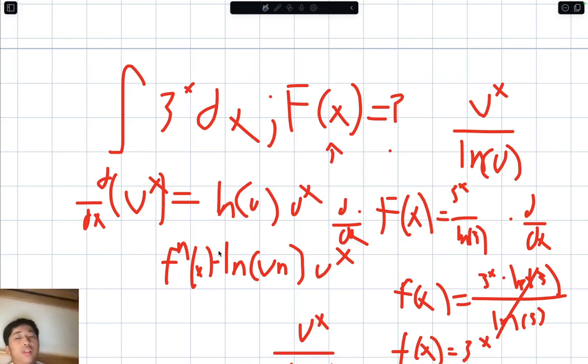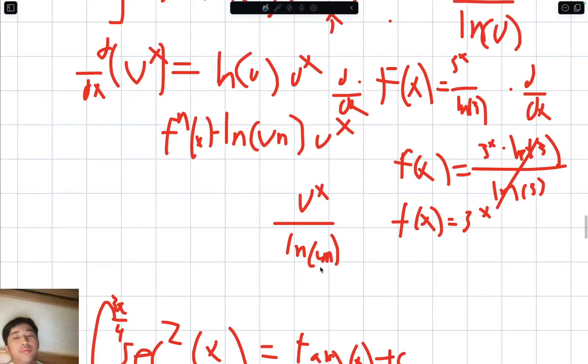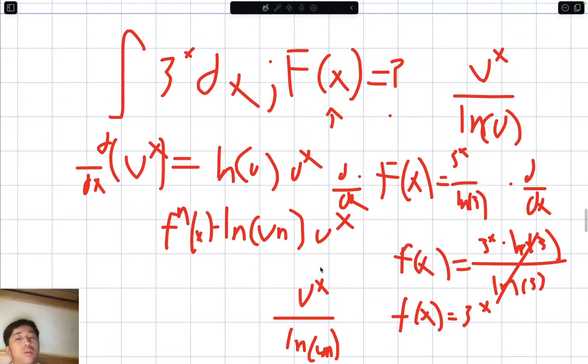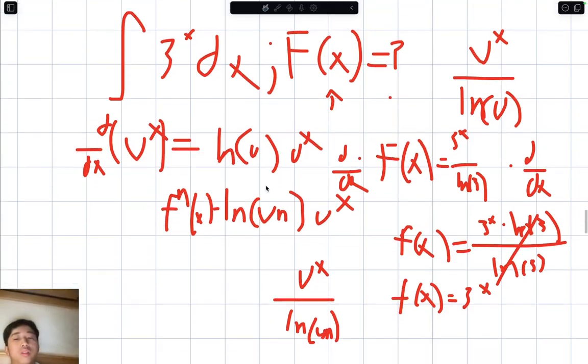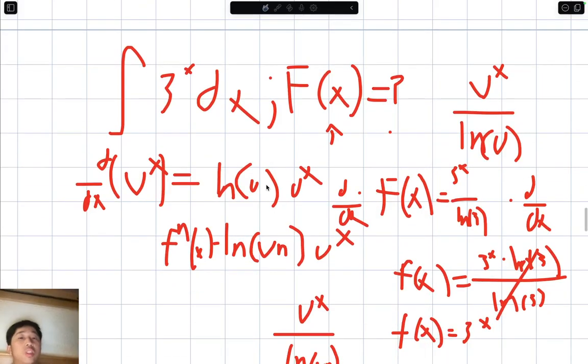If you keep deriving it, it's just ln u times u to the x, right? So there's nothing more adding onto the function u to the x other than a constant. The same constant keeps multiplying over and over again every time, right? So therefore, using that logic, the antiderivative of u to the x should be u to the x over ln u.